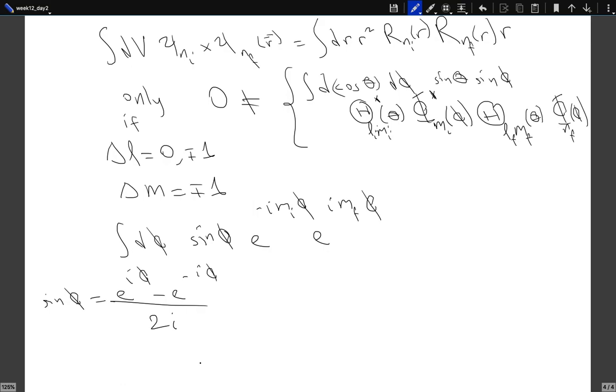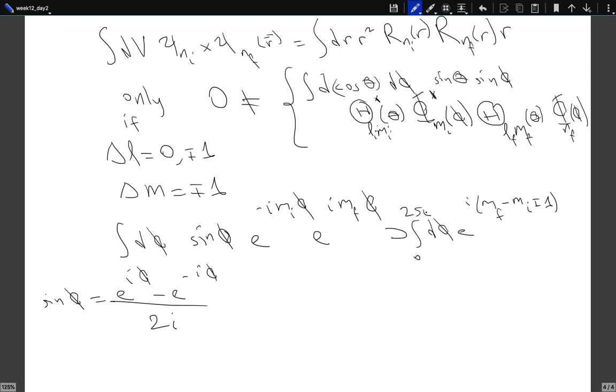So if you put this in, you will end up having terms like the phi integral of e to power i (mf minus mi plus or minus 1) phi from 0 to 2 pi.